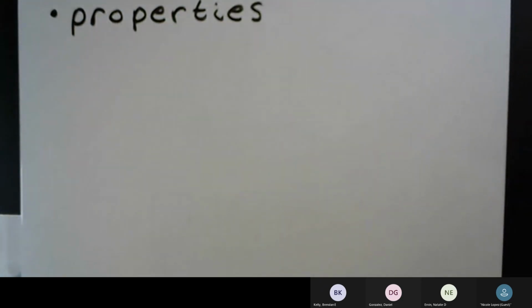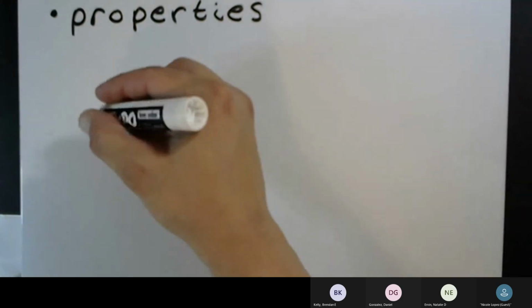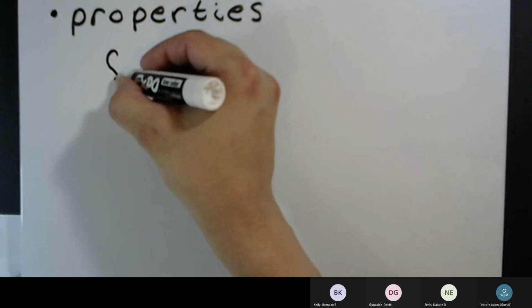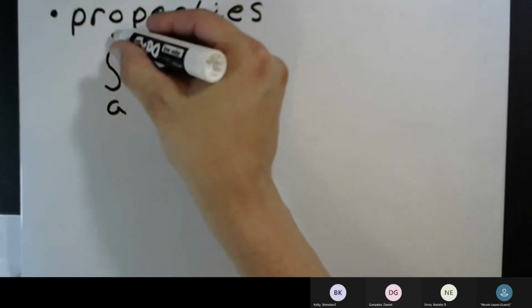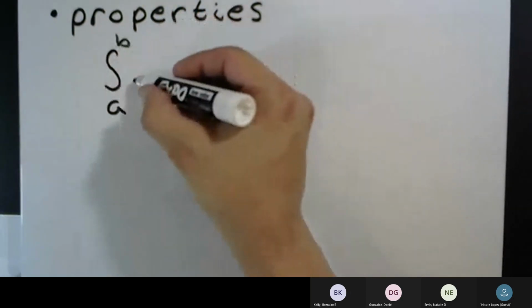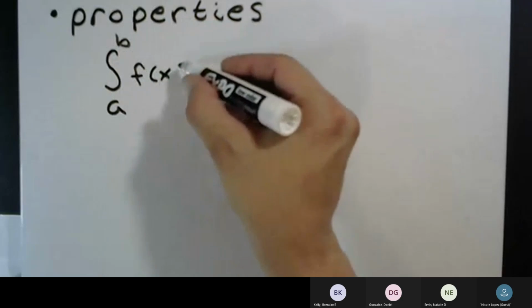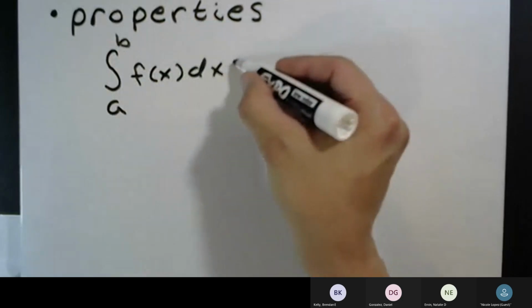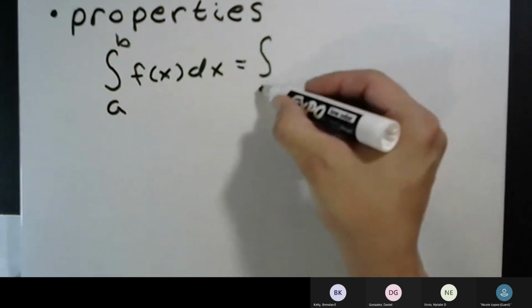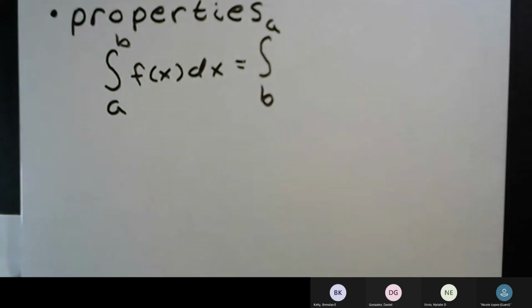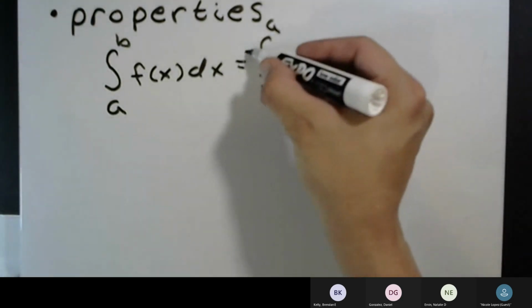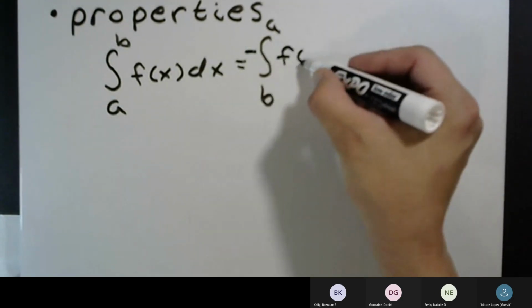So let's get into some hardcore, hands-on type stuff. We're pretty much through the theory. So let's take a look at some properties. If we integrate f of x dx, and if we switch the order of integration, we get a negative sign.